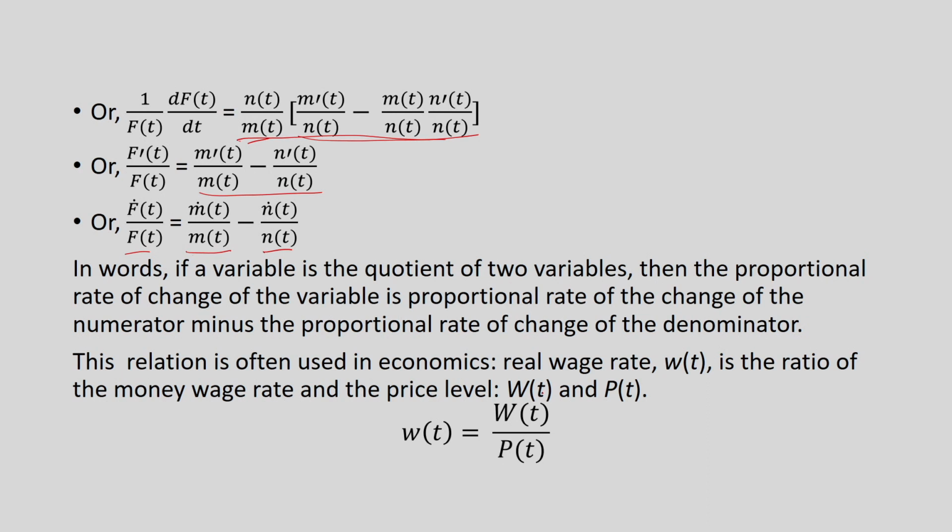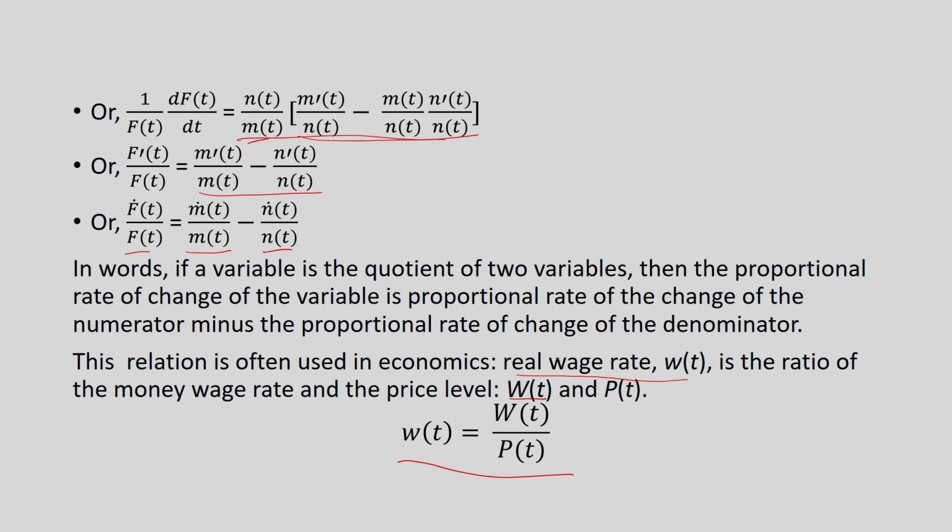So, for example, there is something called the real wage rate. Small w(t) is the ratio of the money wage rate and the price level. So, suppose capital W is the money wage rate and capital P is the price level, right. Then the real wage rate is defined by small w(t) equal to capital W(t) divided by P(t).